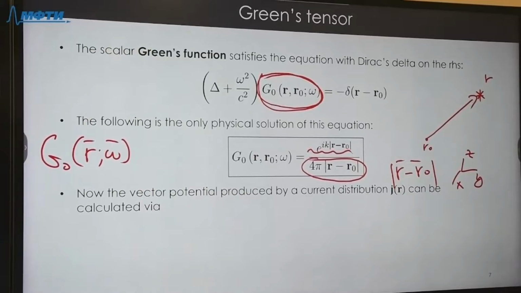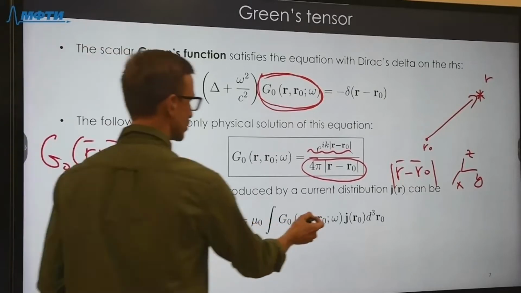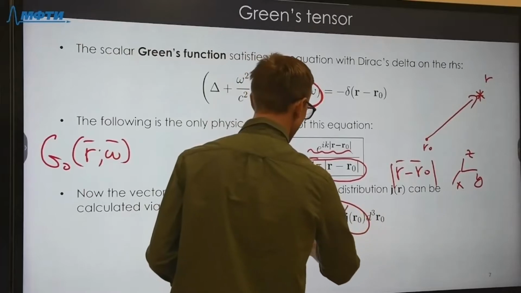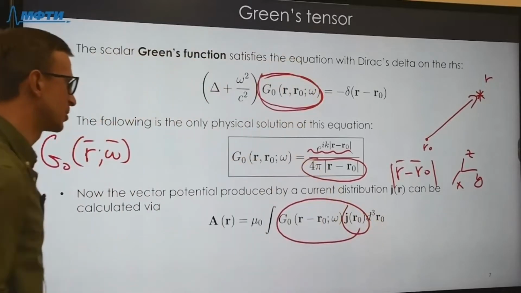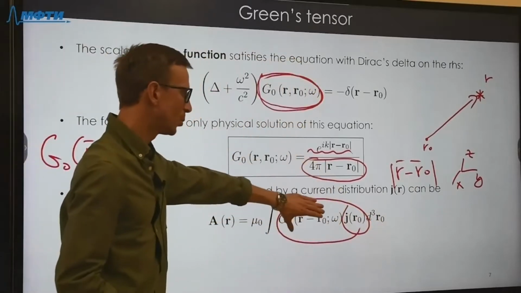How does it help us with finding a solution to the vectorial problem? Well, we can calculate the vector potential produced by an arbitrary current density J by calculating this convolution of the current density with the scalar Green function.